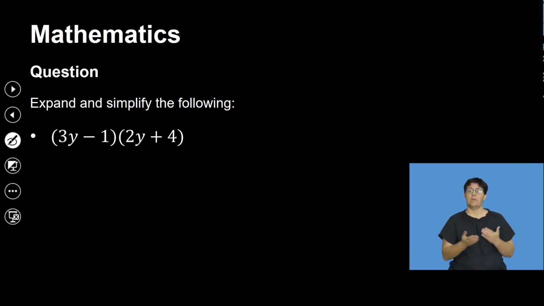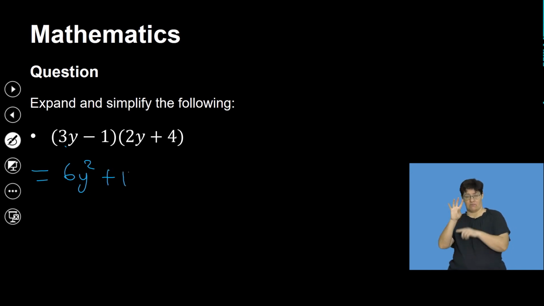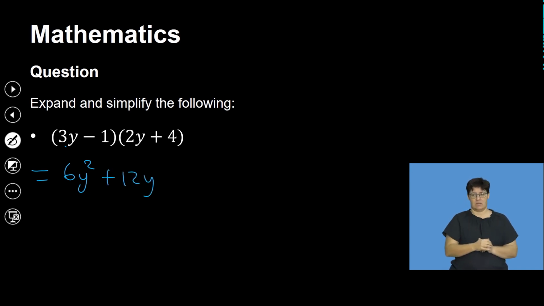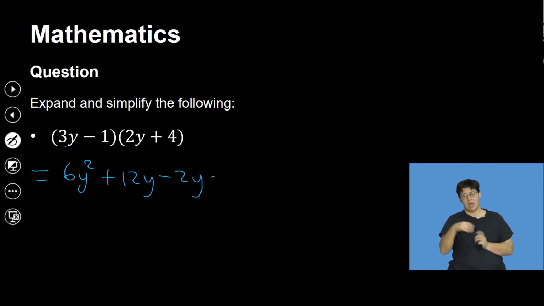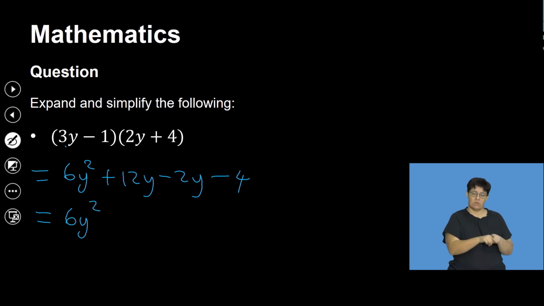Now another example, which is part of the examples we've looked at so far: if I multiply the 3y and the 2y, I will get 6y squared. Multiply the 3y and that 4, it gives me the 12y, minus 1 and the 2 gives me negative 2y, minus 1 and the 4 gives me negative 4. And this will then be equal to 6y squared plus 10y minus 4.